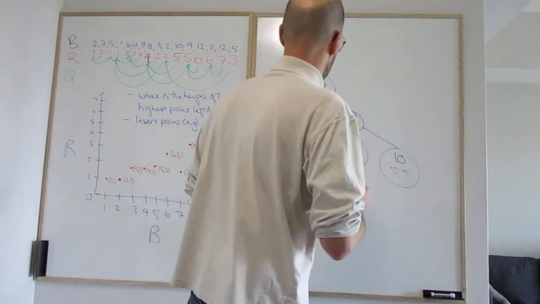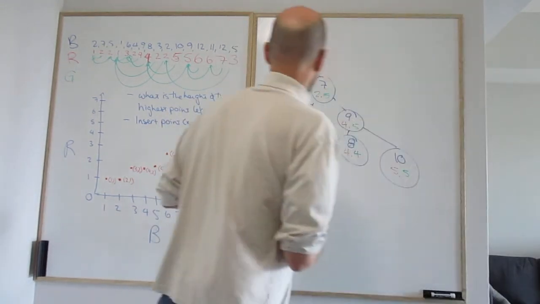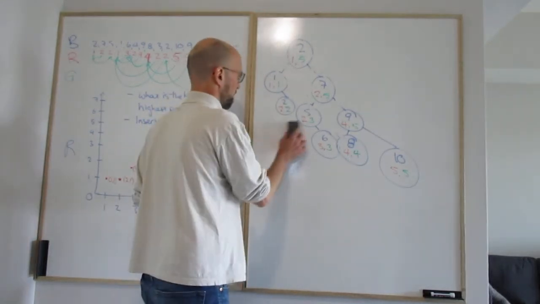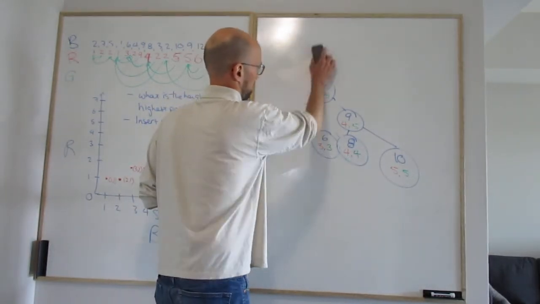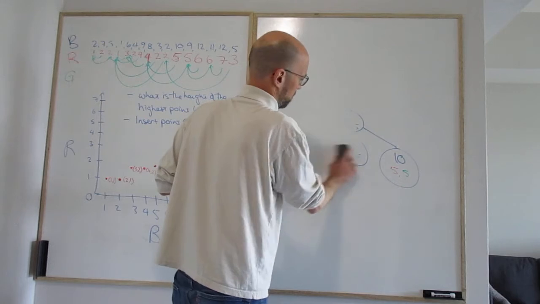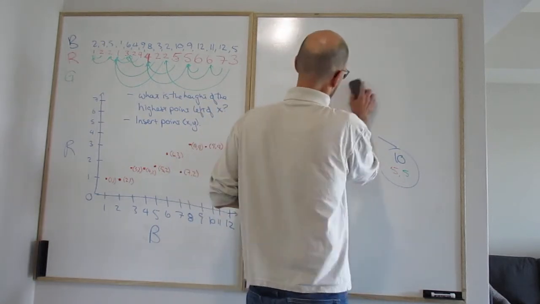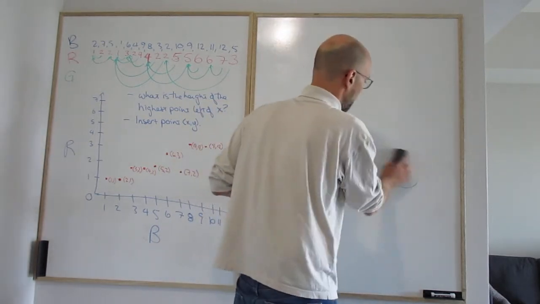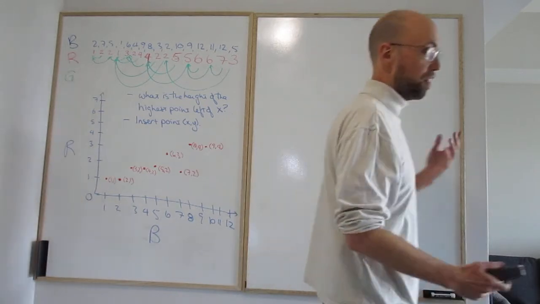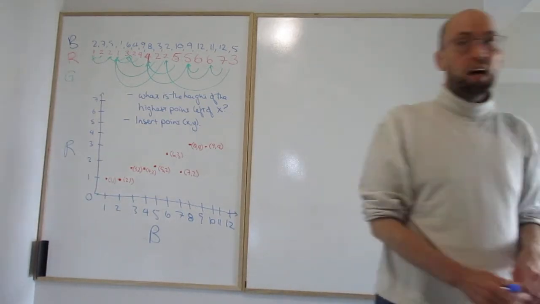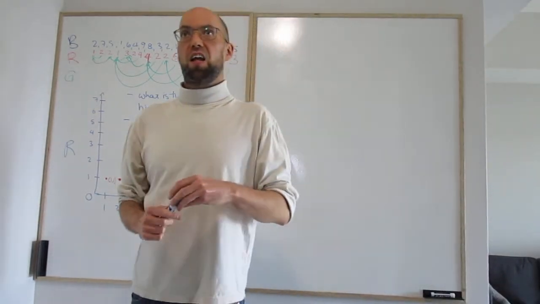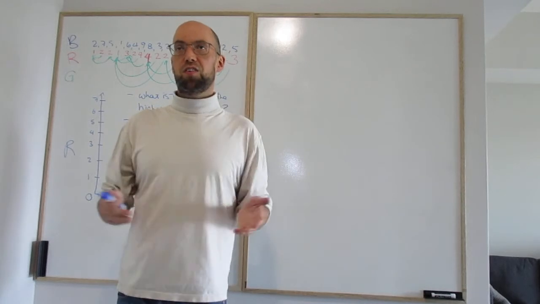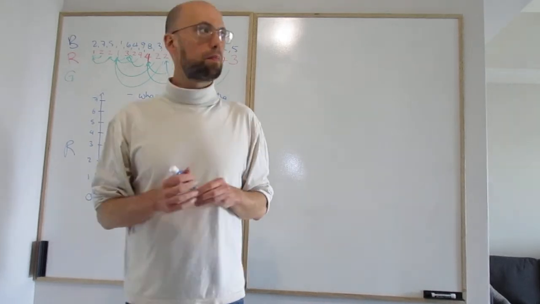So let's look at one. Yeah, let's try to do this properly. For the people who haven't seen AVL trees, they're not hard. They're not in the book because the book teaches red-black trees.